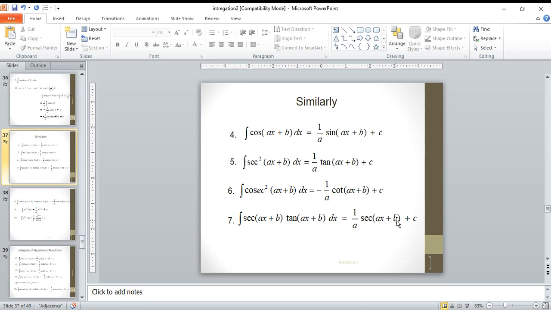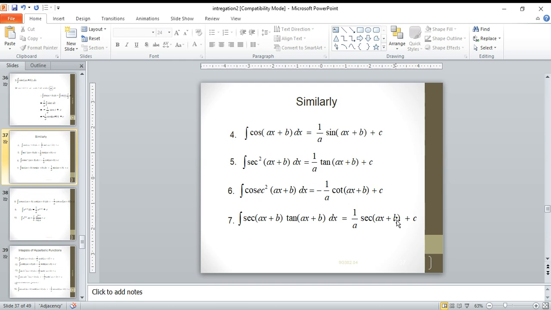It is a common standard integral, the same formula as the standard integral. Just take out the coefficient of x as the denominator. Here the coefficient of x is a, so take out a as the denominator. That is the simple answer.